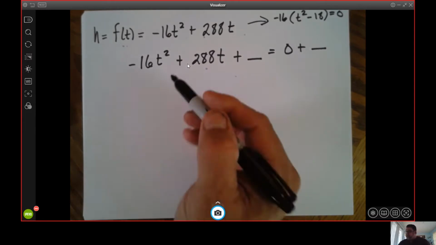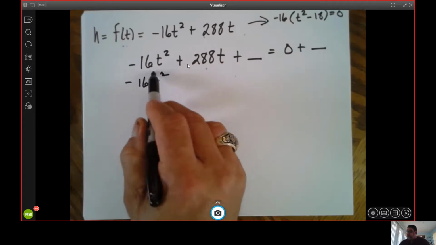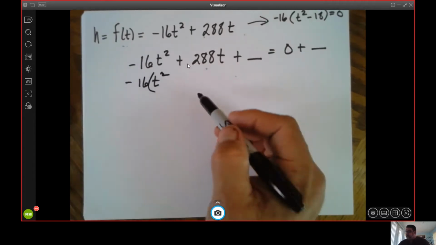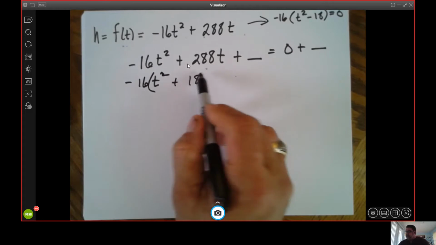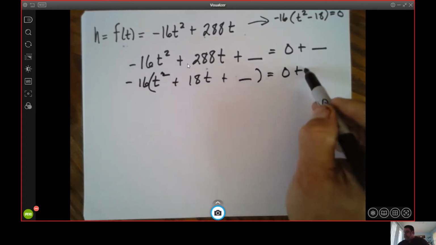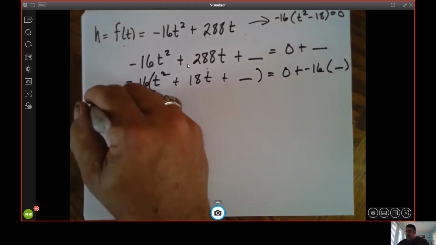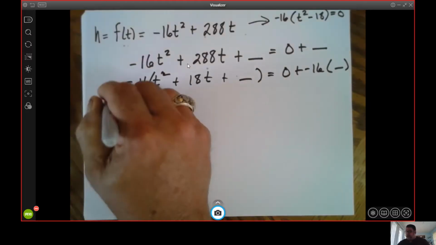So negative 16 t squared, oops, I'm sorry, factor out that negative 16, and that's going to be plus 18t plus blank is equal to 0 plus negative 16 times blank. Now we're going to complete the square, and I'm going to do that in another color. I'm going to take the 18, and you always divide it by 2, and you always square it.